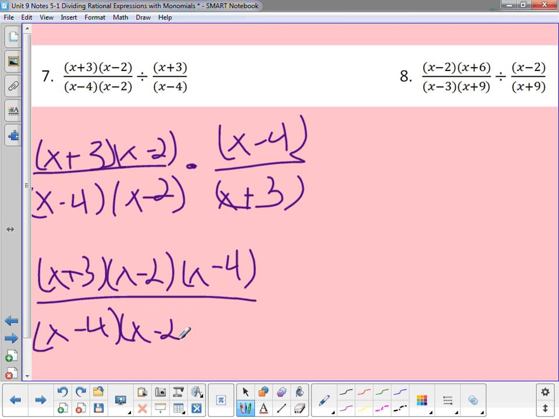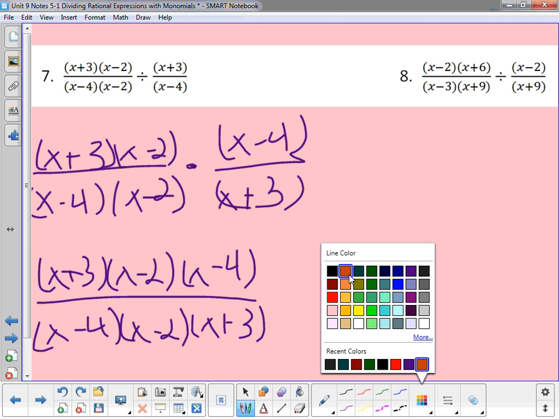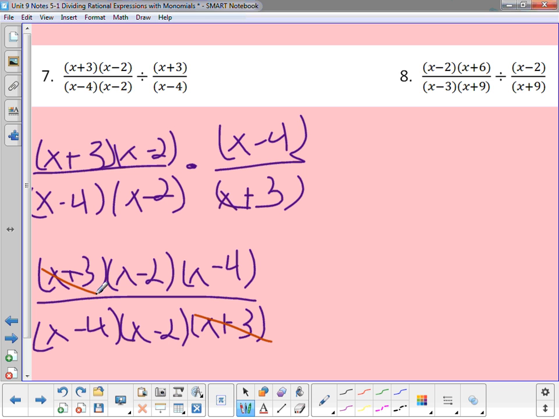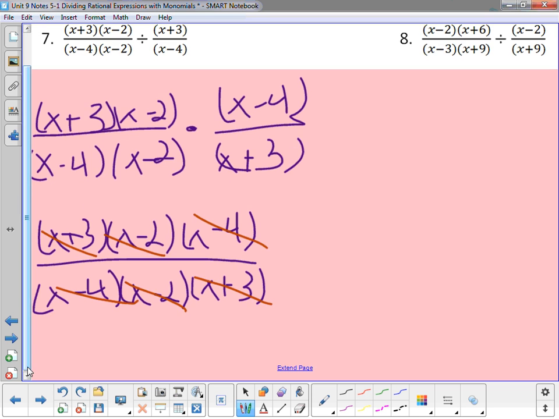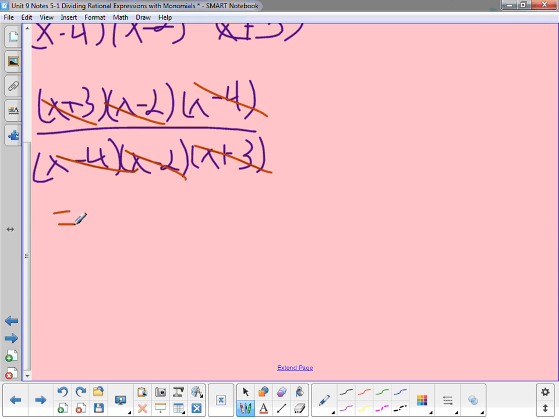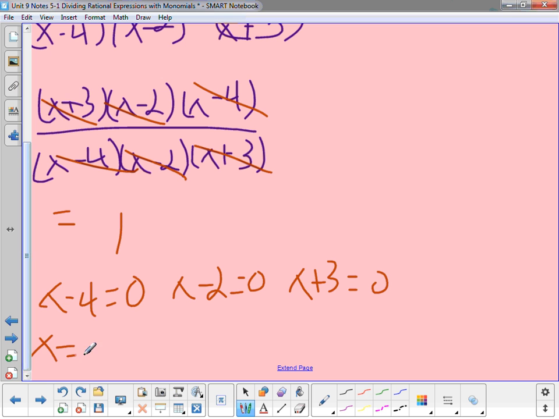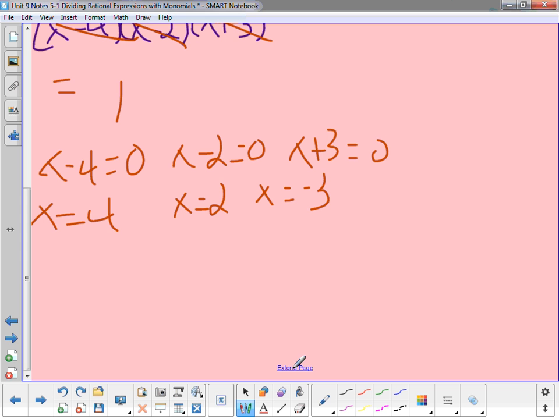All I'm doing is writing all of those factors together, and then I'm going to cross off any factors that are overlapping. x plus 3, x minus 2, and x minus 4. Well, looky there. All of my factors canceled out, so that's just going to equal 1. Now to get my excluded values, I take all of my original factors and set them equal to 0. So I get x is equal to 4, x is equal to 2, and x is equal to negative 3. So my excluded values are that x cannot be 4, 2, or negative 3.